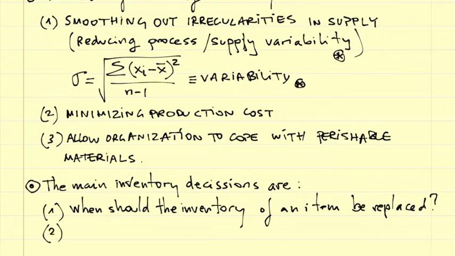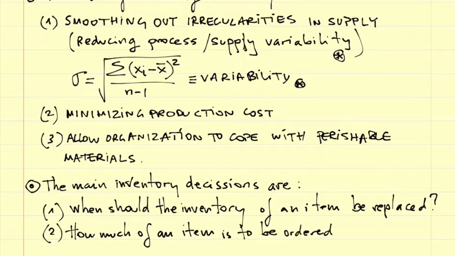Number 2, how much of an item is to be ordered when the inventory of that item has to be replenished?